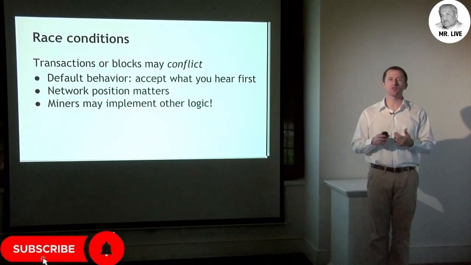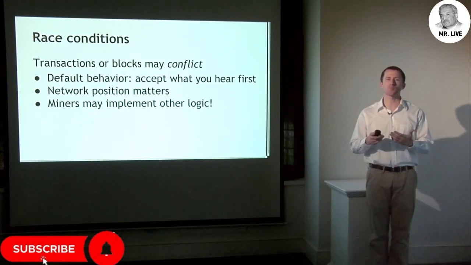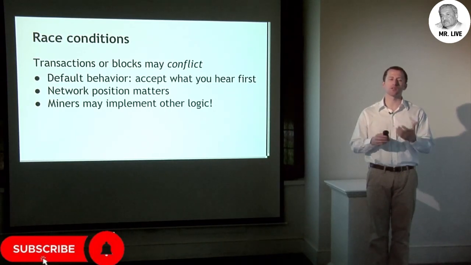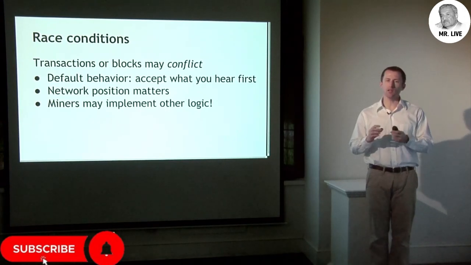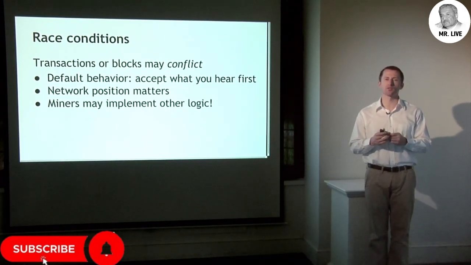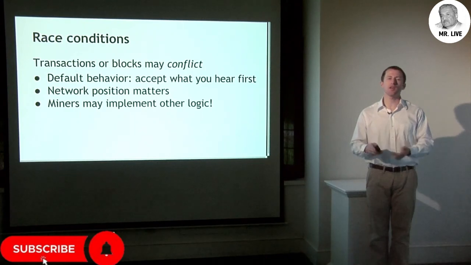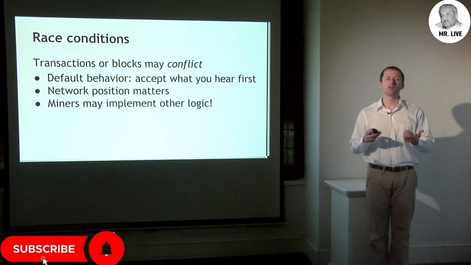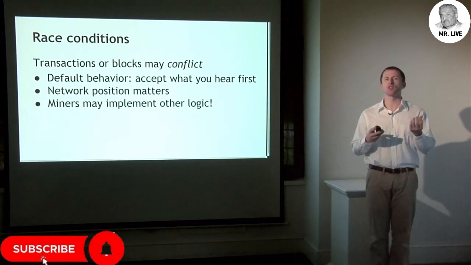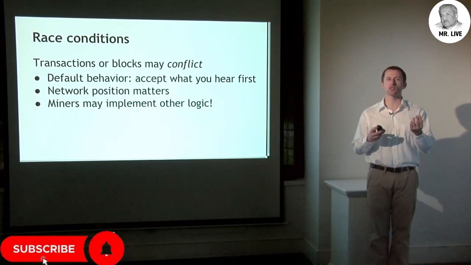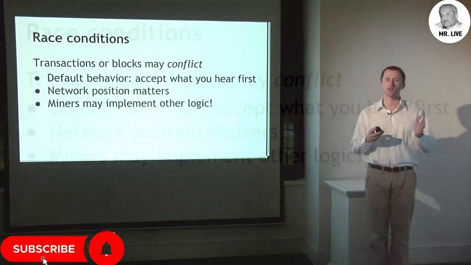If nodes have a different perspective on which transactions are pending or which blocks have been accepted, that's okay in a temporary state, and eventually they'll sort it out. So in the case of transactions, if different nodes have a different view of the pending transaction pool, depending on who mines the next block, they'll essentially break the tie or the race condition and decide which of those 2 pending transactions should end up being put permanently into a block.